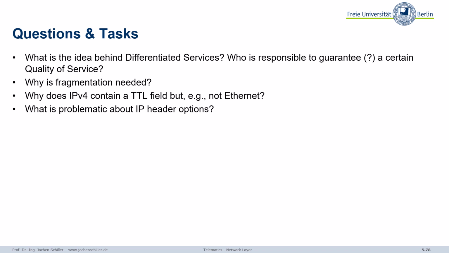And then again, we see there's a TTL field in IP version 4, but it's not in Ethernet. What problem has to be solved in both layer 3 IP and layer 2 Ethernet, and how is it solved? And then finally we looked at the options and saw there are some problems. Why is this problematic? There are many reasons for this.